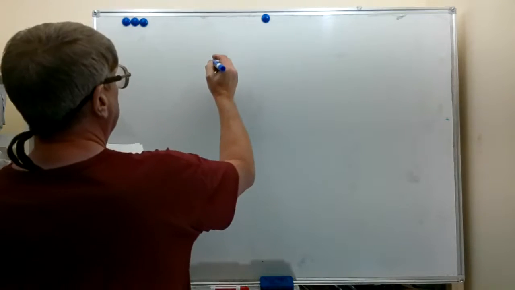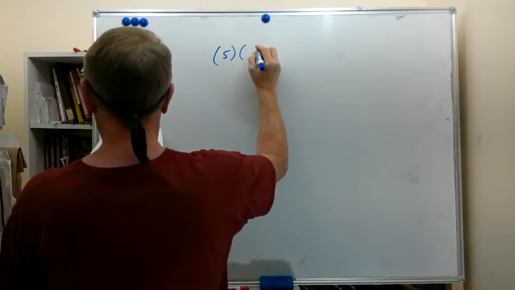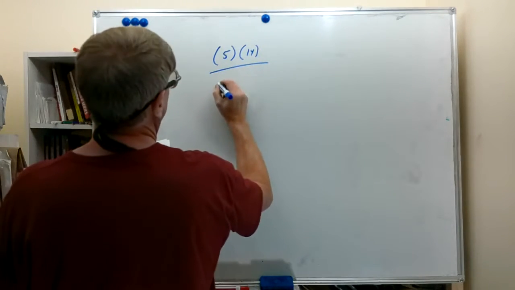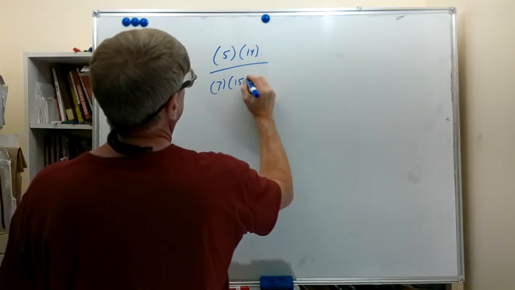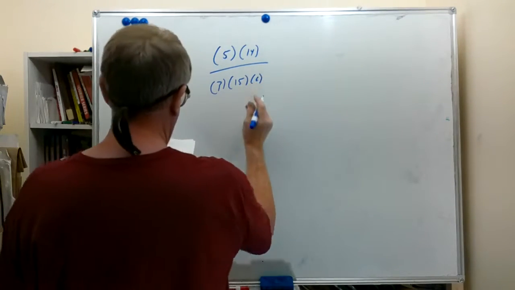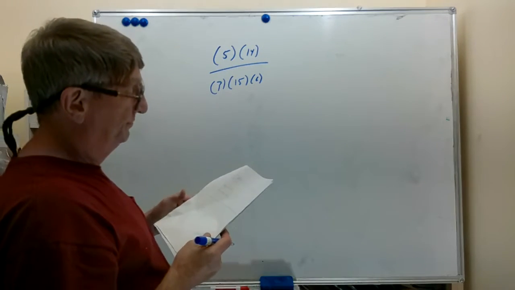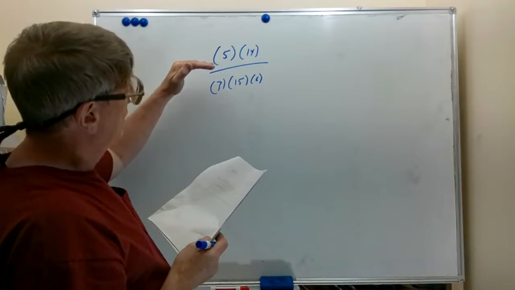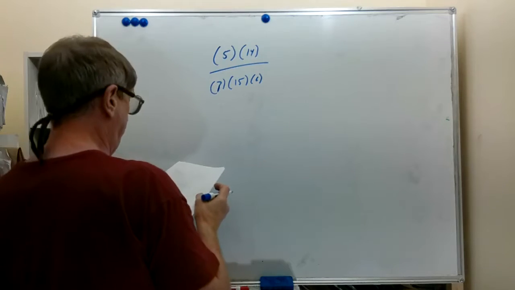Okay, so we're going to calculate this, we're given this as a fraction: 5 times 14 over 7 times 15 times 6. Now we can multiply those out and then simplify it.